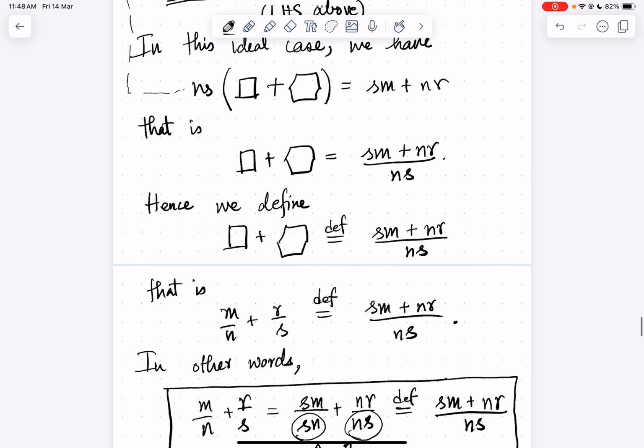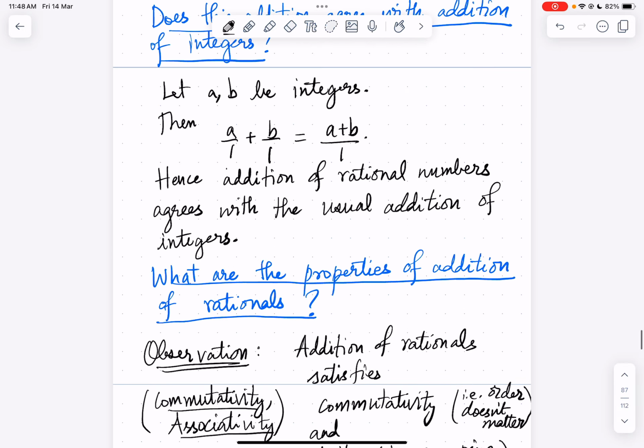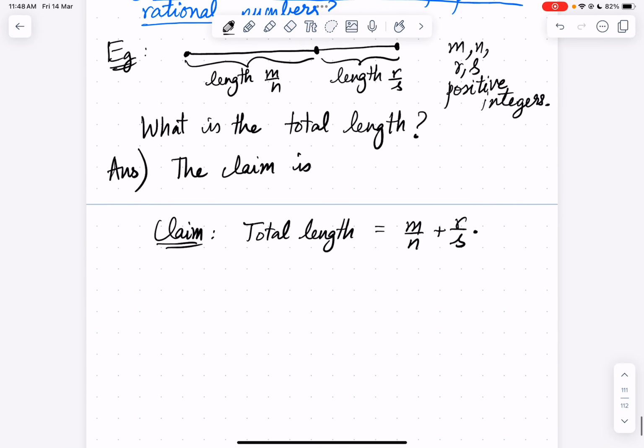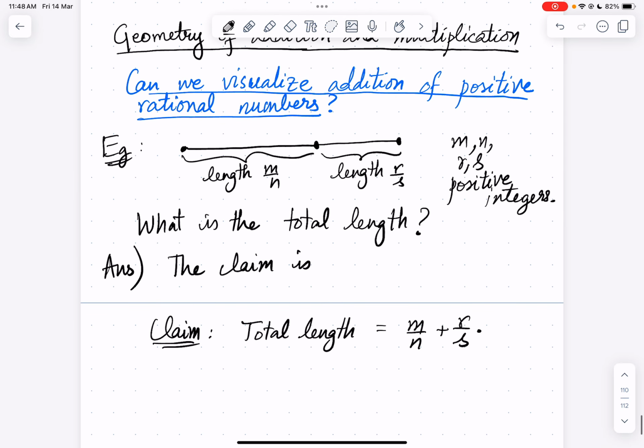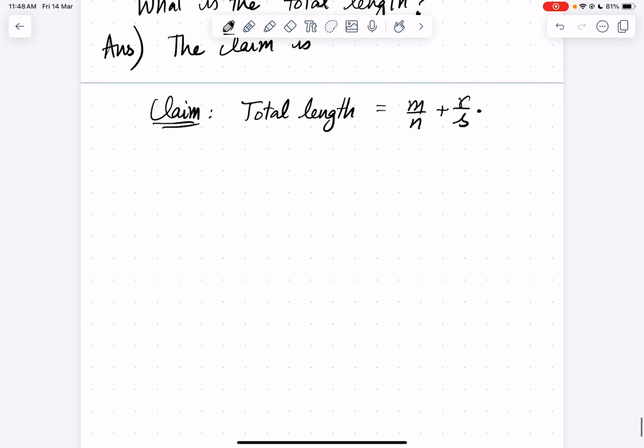So for that we defined addition of rationals in this way. Now we are saying, if we have two segments of length m by n and length r by s, the total length of the segment is m by n plus r by s. We need to show this.